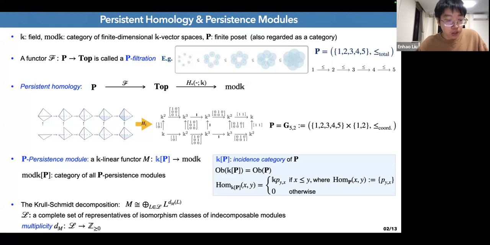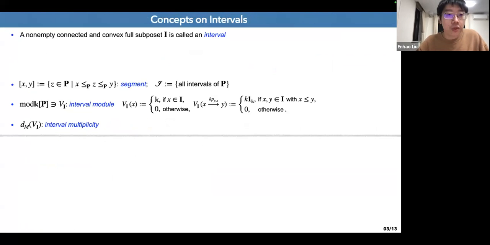Here we have a multiplicity function d_M from the complete set of representatives of isomorphism classes of indecomposables to non-negative integers. By the way, in the one-parameter case, the multiplicity function is just the persistence diagram or the barcode. So this is the formalization.